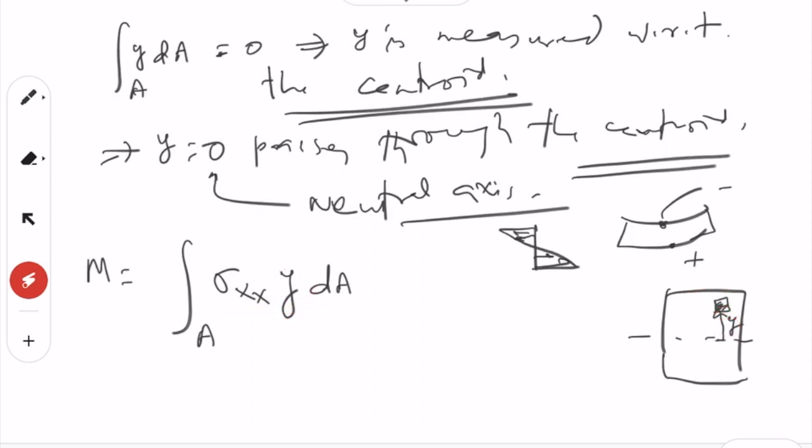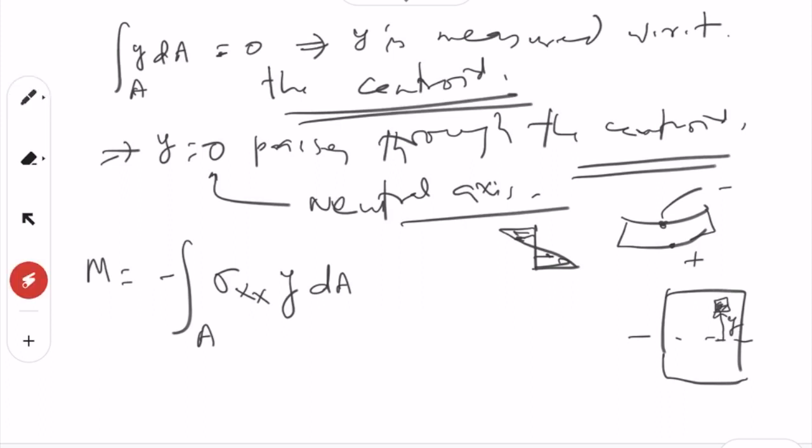But our convention is that a positive bending moment has compression on top and tension at the bottom. So we have to multiply by minus 1 to get a positive M. If we want to enforce that condition, we need the minus here, that's why I wrote minus.